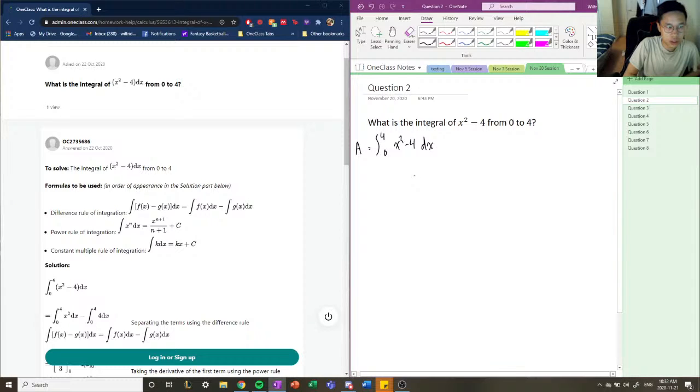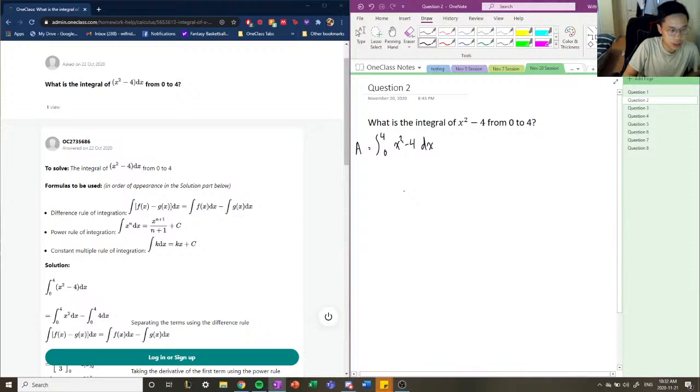To do these definite integrals, first of all, you'll have to integrate your inside function, and then you have to calculate the area with the designated interval. The junior tutor outlined some of the formulas or properties that we can use here.